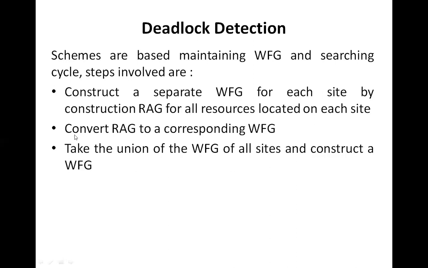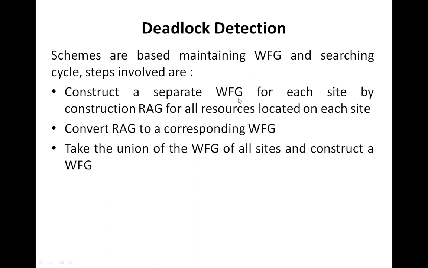The second step is to convert that resource allocation graph to a corresponding wait-for graph for the individual sites. Once that has been made, we take the union of the wait-for graphs of all the sites and construct a global wait-for graph. Then we are able to find whether there is a cycle or not.